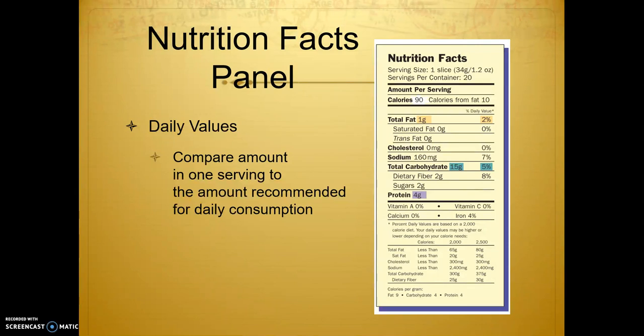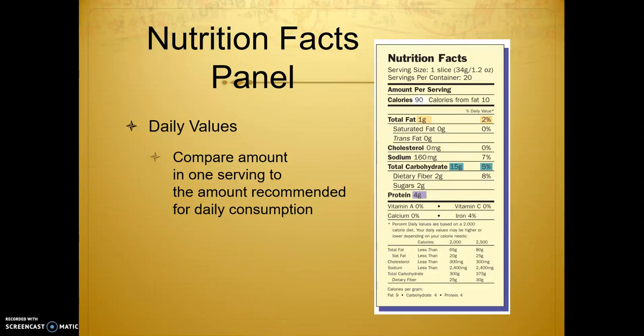Font is very specific in this respect. It must be a font that is easily read by the consumer. FDA suggests Helvetica. The title, Nutrition Facts, must be the largest font on the panel.